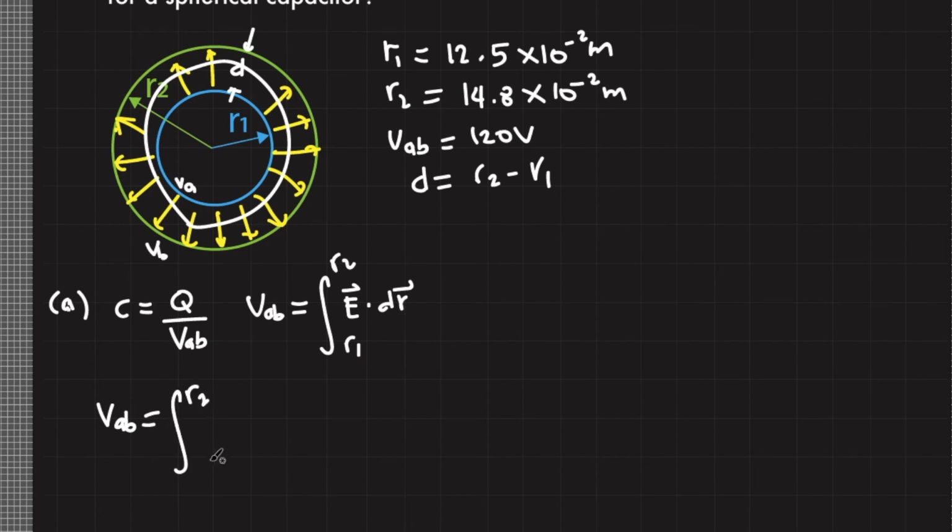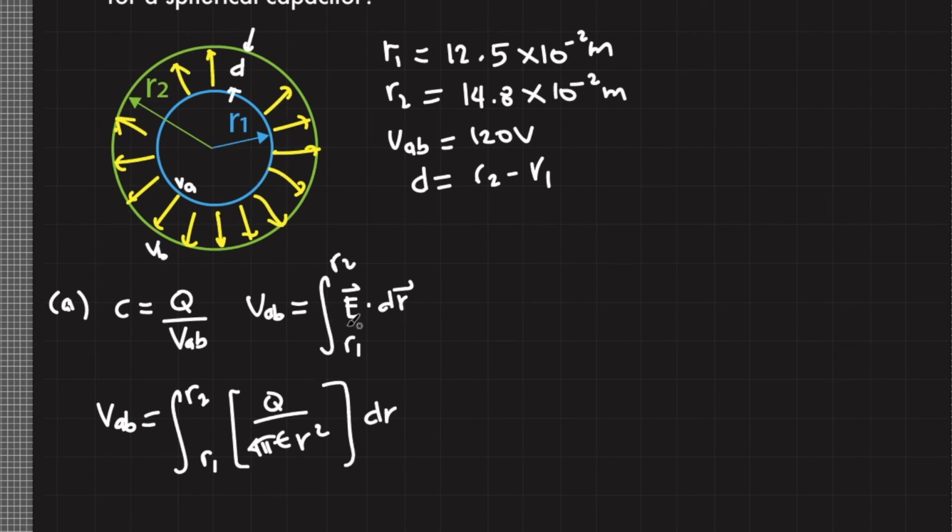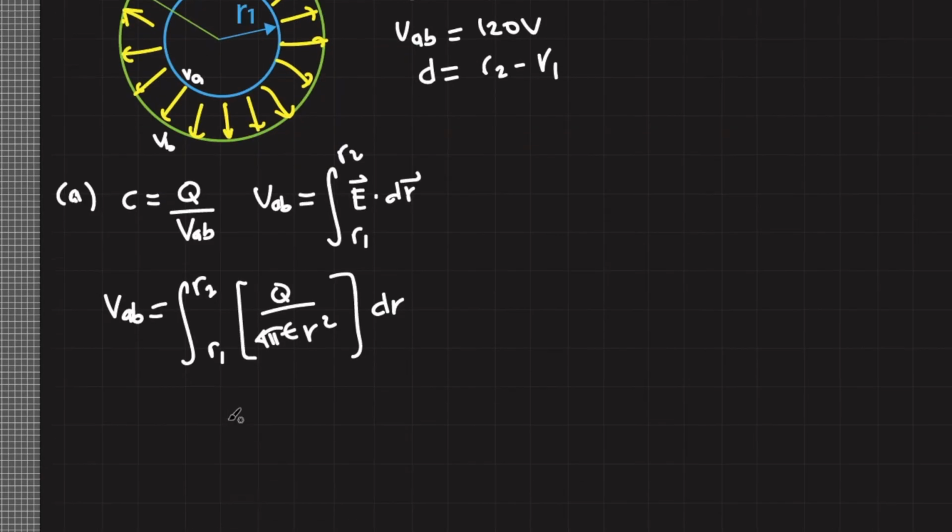So r sub 2, r sub 1, and the electric field due to a point charge, Q over 4 pi epsilon naught r squared. Remember that r is from the center of the sphere to our Gaussian surface. Notice that this electric field has a direction of r hat, and this dr is obviously radiating from the center, so it also has a direction of r hat. So r hat dotted with r hat is equal to 1. I already skipped that part. That's why all the vectors here are gone.